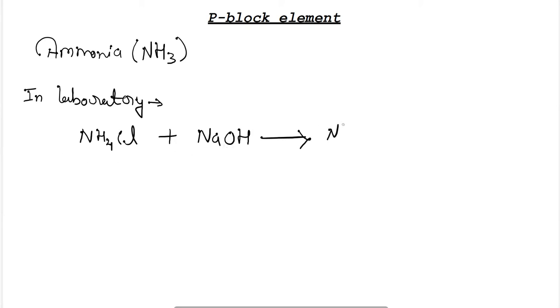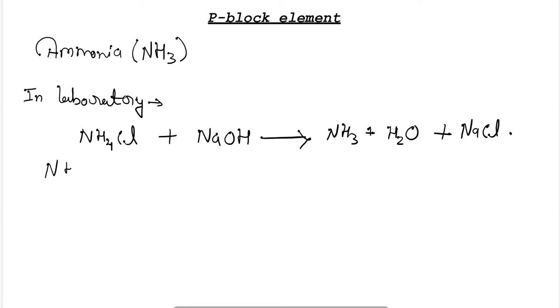There we will prepare ammonia plus H2O plus NaCl. NaCl will be produced here. This is the method for the preparation of ammonia in the laboratory.